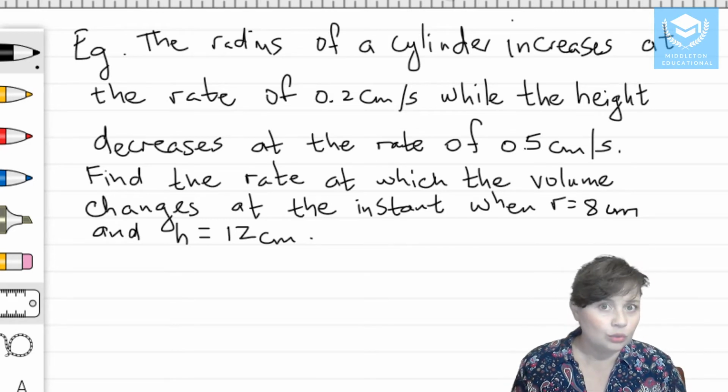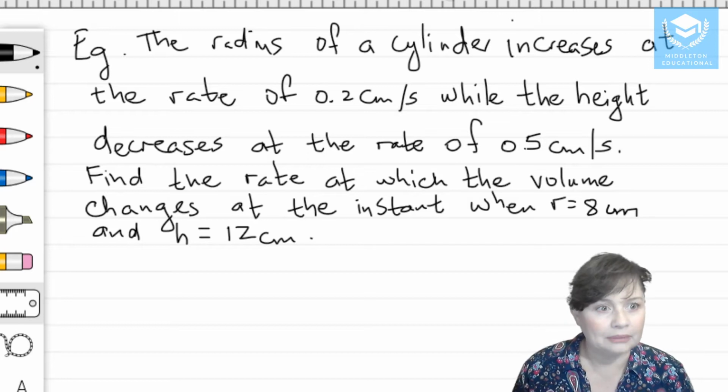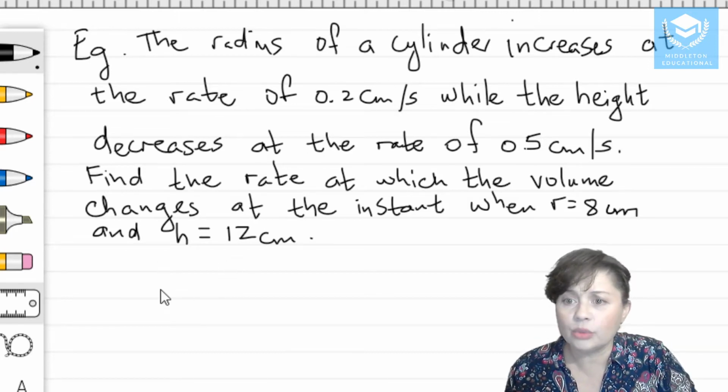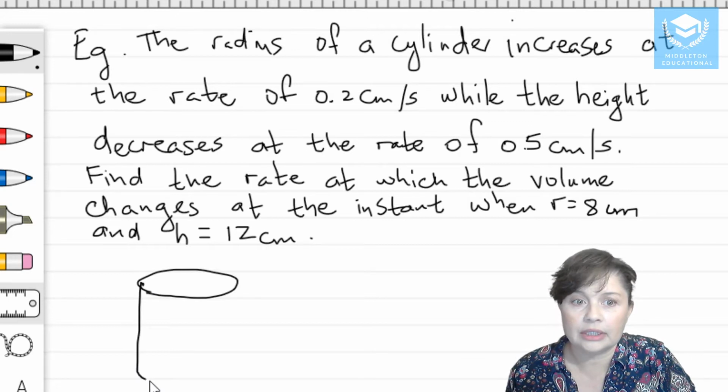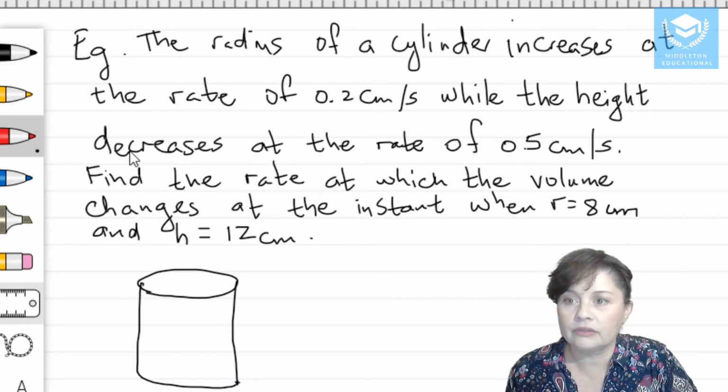Now, whenever you do word problems, it's always a good idea to do a diagram, if you can, right? So what we've got here is a cylinder that looks probably something like this.